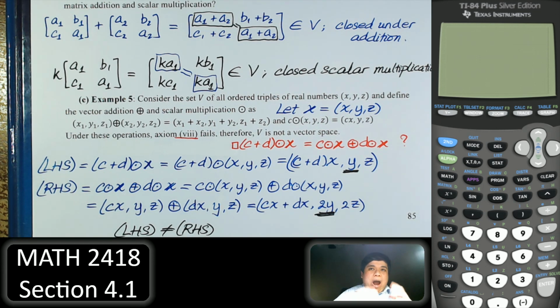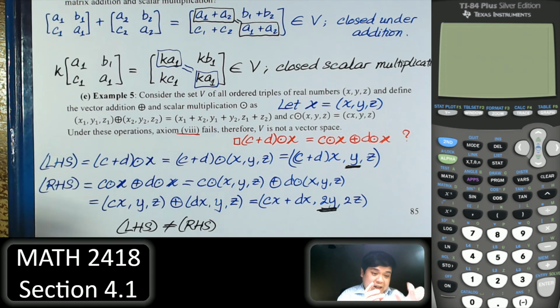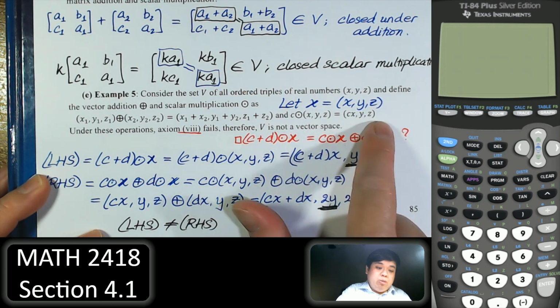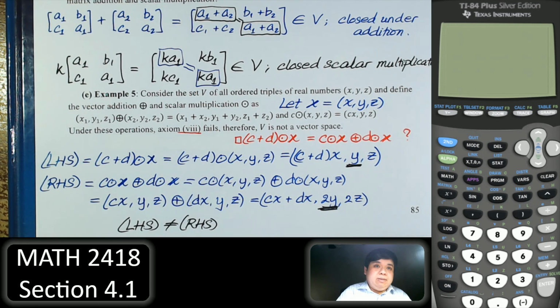To make things more abstract, more general, we say that it doesn't have to be a vector addition in the normal way. In this case, actually, it is in the normal way. We can define any form of addition and any form of scalar multiplication. If we define using this scalar multiplication, the axiom number 8 fails.